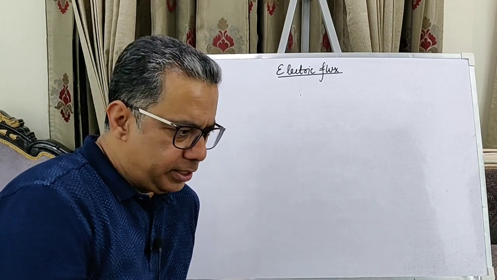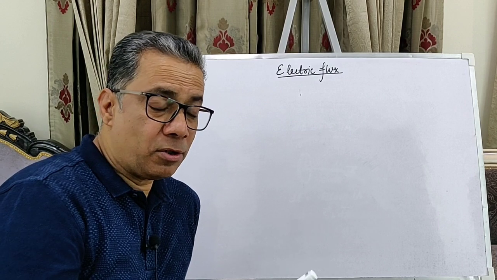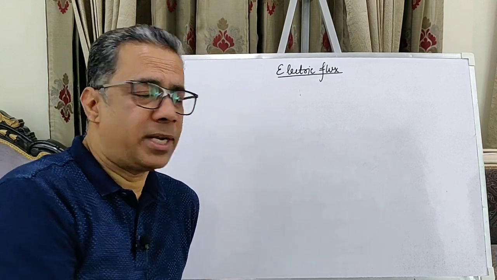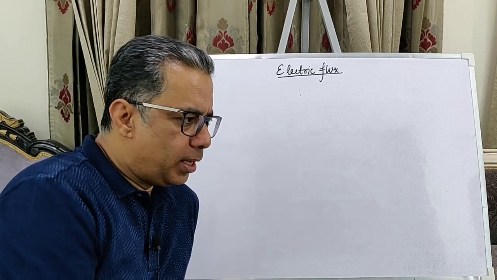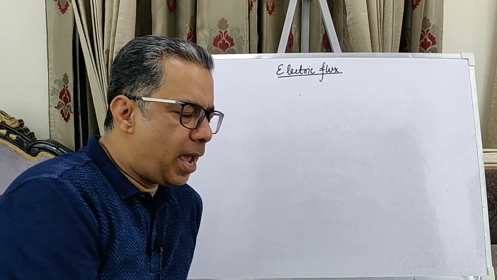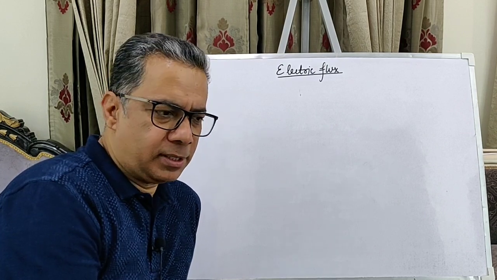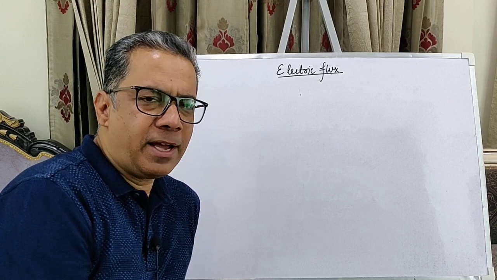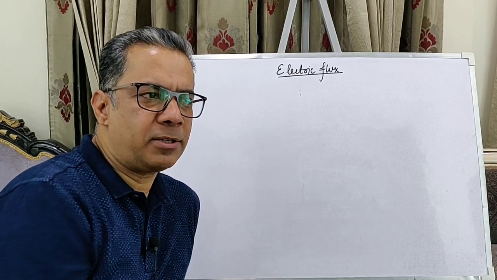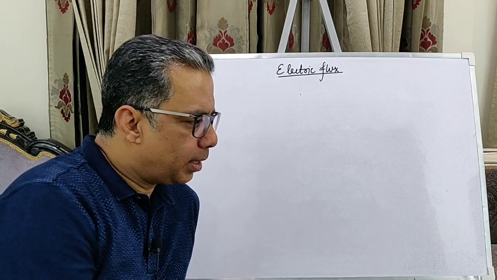I'll repeat this second point. If over a surface electric field remains constant in magnitude at all locations of the surface, and also the electric field happens to be normal to the surface at all locations, then the flux is simply the product of the magnitude of the electric field with the surface area.